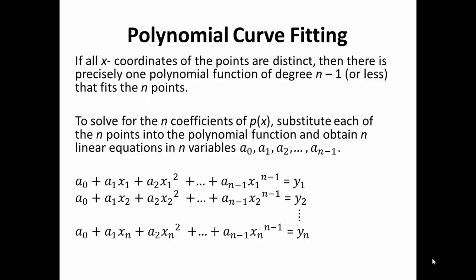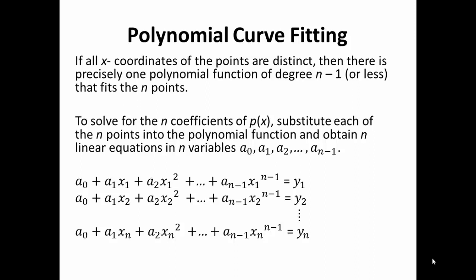Now, if all x coordinates of the points are distinct, then there is precisely one polynomial function of degree n-1 or less that fits the endpoints. And what we're going to do next is to show you how to generate that polynomial.